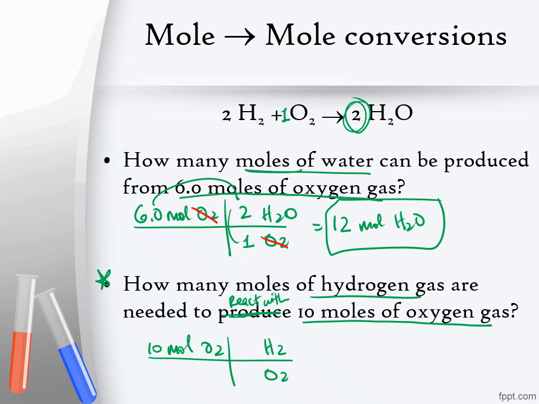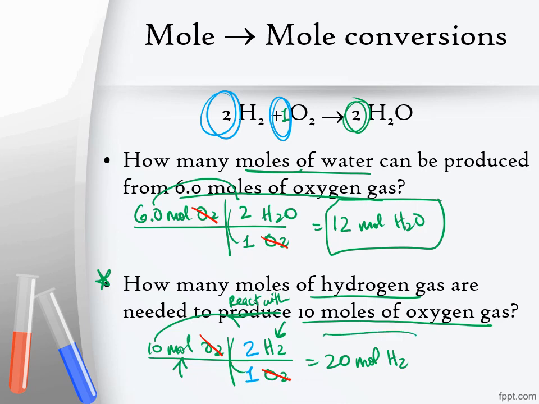Back to our balanced equation, I see a 2 in front of H2, that invisible 1 in front of oxygen. Oxygen top and bottom cancels out. Calculation-wise, 10 times 2 divided by 1 is going to give us 20. Unit label, moles of hydrogen gas is our answer.